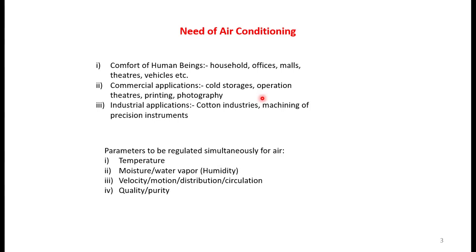Then different offices, commercial offices, malls, multiplexes, theaters, as well as air conditioned vehicles, that is air conditioned cars and air conditioned buses. So these are day-to-day applications that one can see in our life. And in all these applications, all the examples mentioned here, human thermal comfort is of prime importance. So that's why it is called for the comfort of the human being.